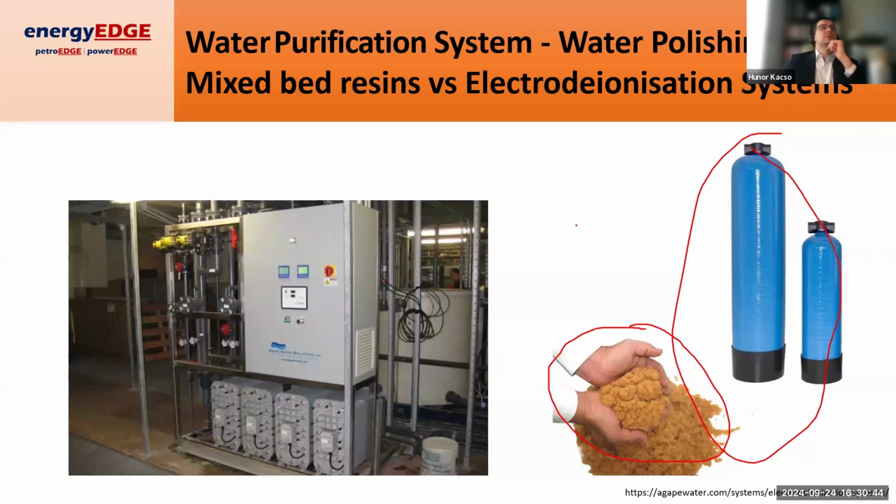What a lot of OEMs are doing now is providing an option for electrodeionization, which is what you see on the left-hand side here. Electrodeionization does not require any replacement of material, replacement of parts, etc., because it just uses DC electricity to polish the water, and therefore it saves costs.